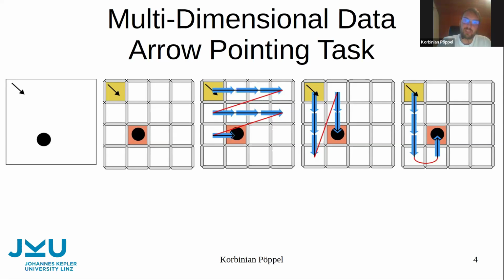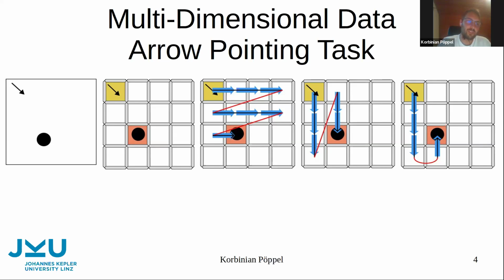That's what I want to visualize here. None of these really captures this directional relationship that you might have in images, for example in the arrow pointing task. That's actually a task that we propose in this work.